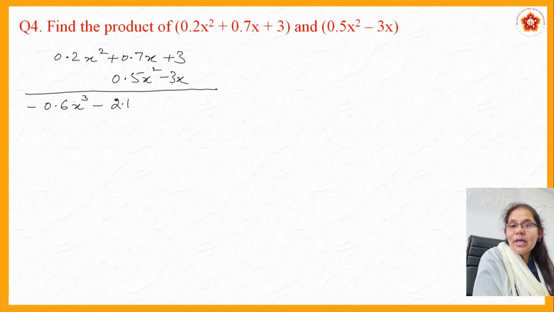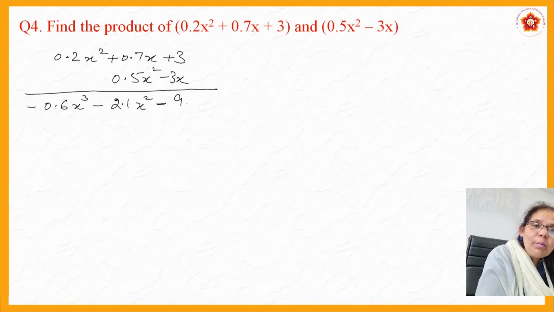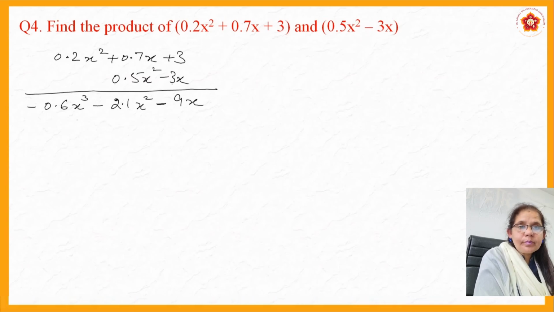One decimal will come here because 0.7 is there. And x into x is x square. Then we will multiply minus 3x by 3. Minus and plus is minus. So 3 into 3 is minus 9x.